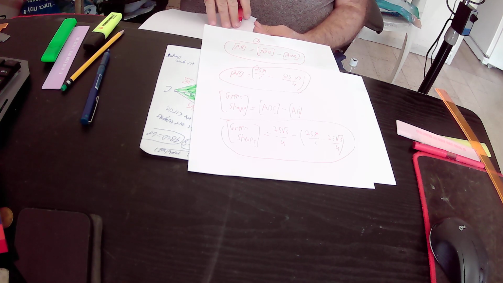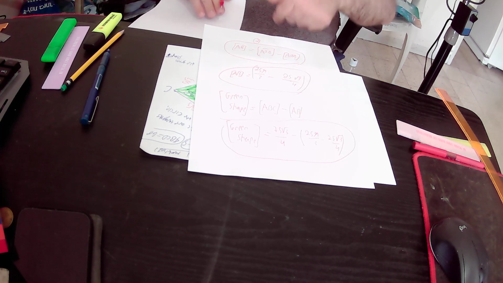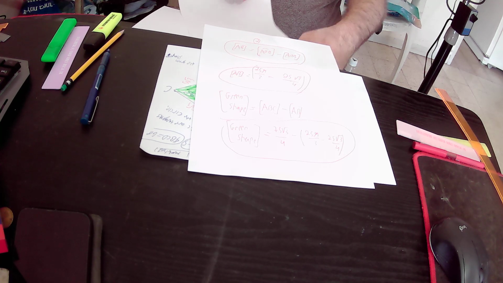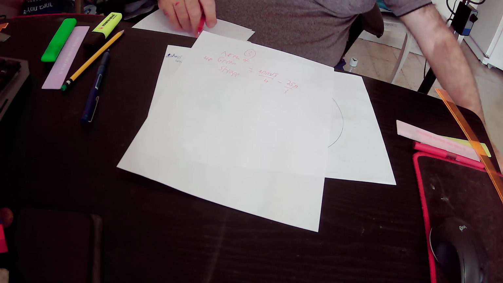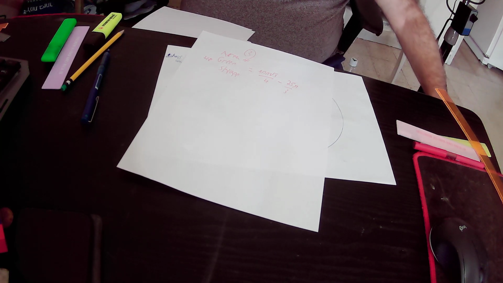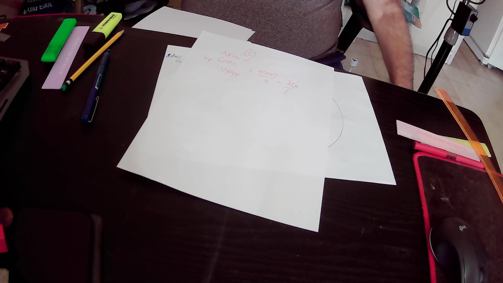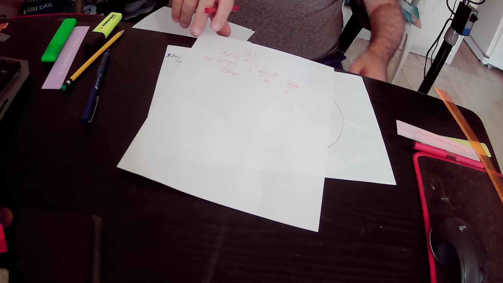So after we opened the brackets in this expression, we got that the area of the green shape equals this expression. 100 over 4 is 25, so I write it down.